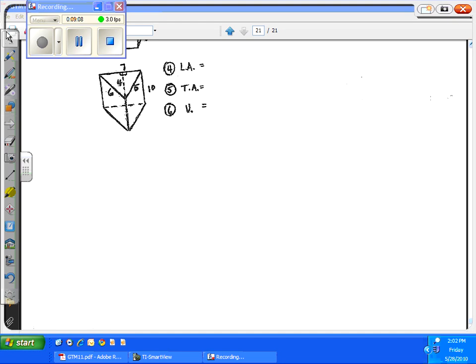The lateral area is the area of the sides. So lateral area is the perimeter of the bottom, which would be these sides, 6 and 5 and 7. Perimeter of bottom, 6 plus 5 plus 7, times the height of the prism, which is 10.